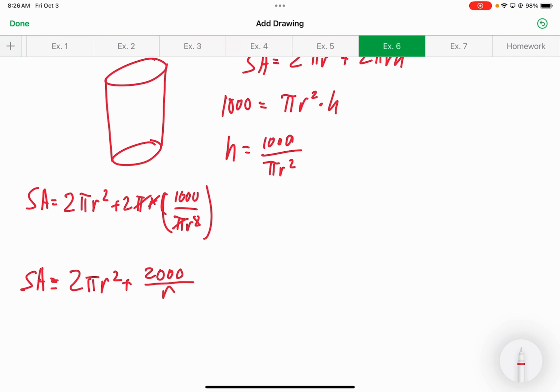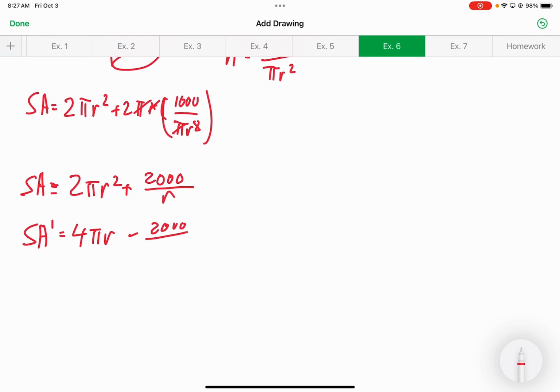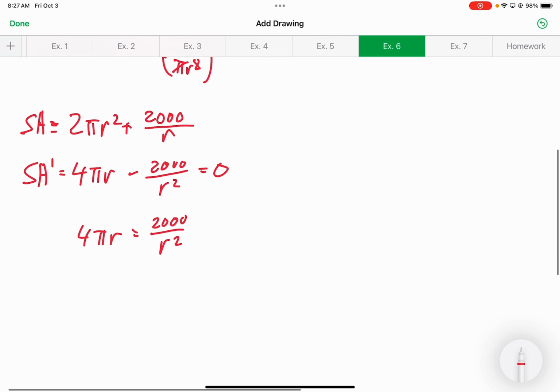All right, so now we want to take our derivative and set it equal to 0, yeah? So I thought about 2,000 over r as 2,000 r to the negative first. So then negative 2,000 over r squared. So I'm going to set that equal to 0. 4 pi r equals that. And then let's do some multiplication.